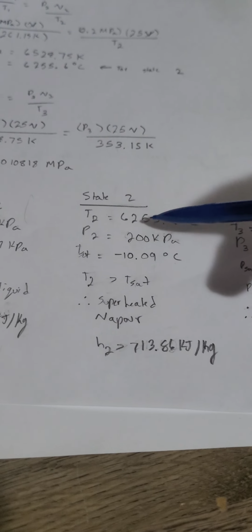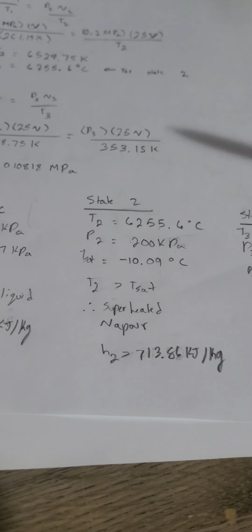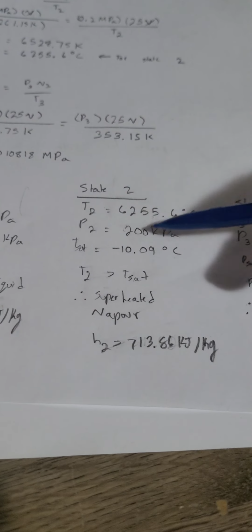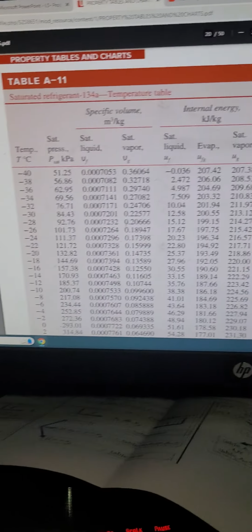So H2 and H3, there is a bit of a problem. It's specifically my value for T2. I made a mistake somewhere, not sure how, but it's too big, so the value's not there on this table.